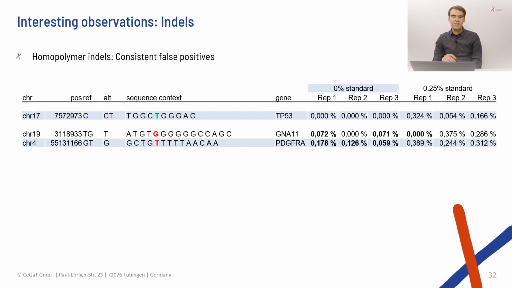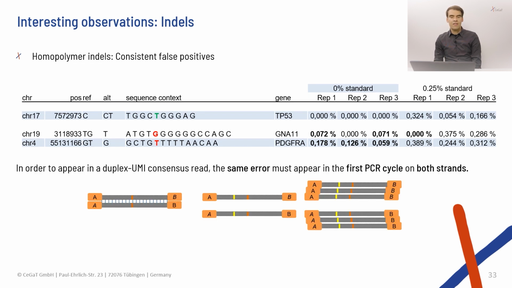There's another class of Indels, homopolymer insertions and deletions, and this is interesting to look at because these show consistent false positives in the 0% standard, and we even see them at more than 0.1% allele frequency. You might wonder, why is this possible? Because we're using duplex molecular barcoding. Such an error can only be observed if it happens in the first PCR cycle on both strands of the target molecule.